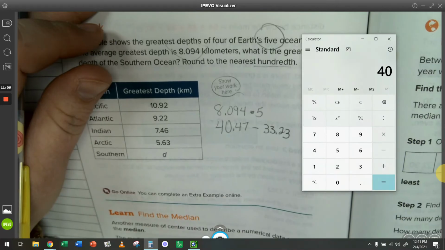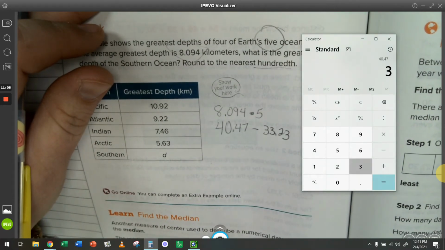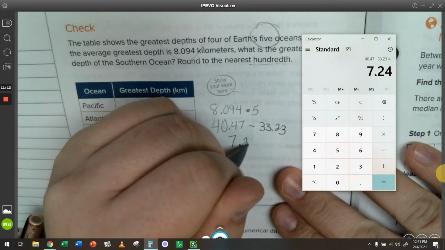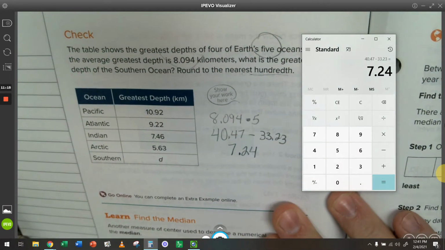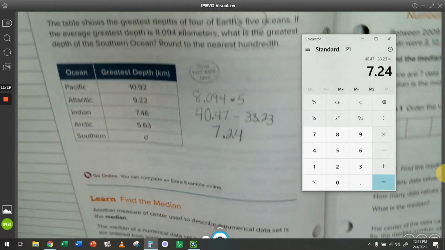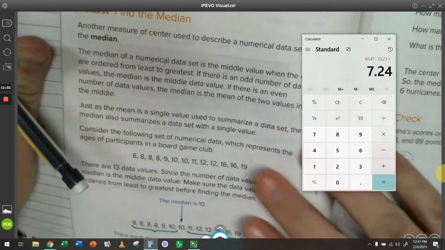And now we subtract 40.47 minus 33.23. We should get 7.24 kilometers. And there you go. So let's keep moving along.